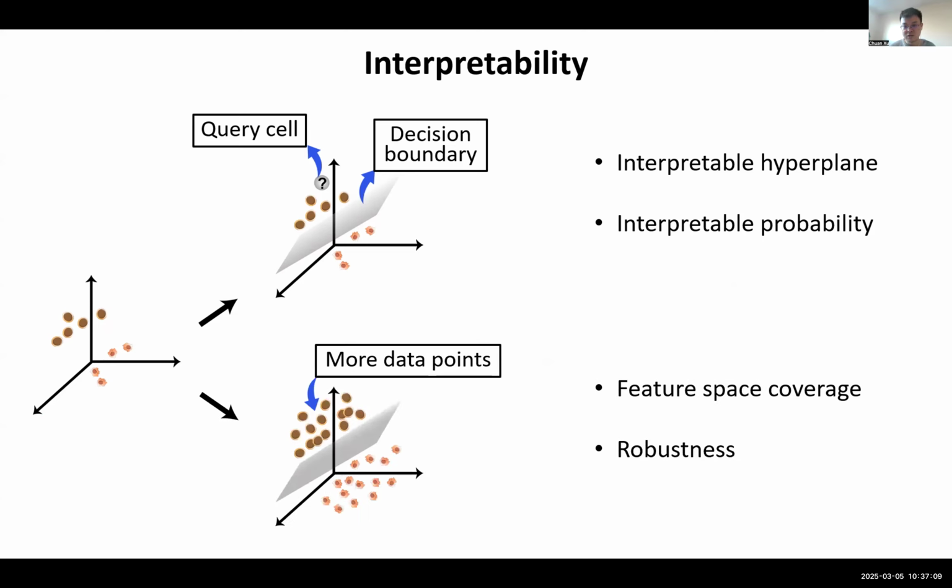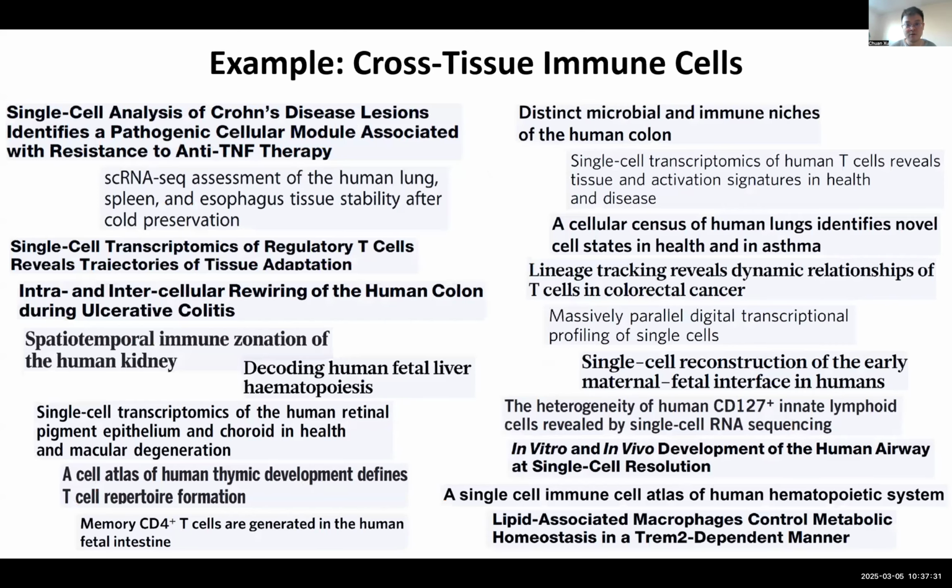And next, to increase the robustness of this decision boundary, as mentioned earlier, we need to have more datasets to increase the feature space coverage and to stabilize the decision boundary. I will use immune cells, which was the initial focus of CellTypist, as an example. We collected 19 immune datasets from different sources as listed here.